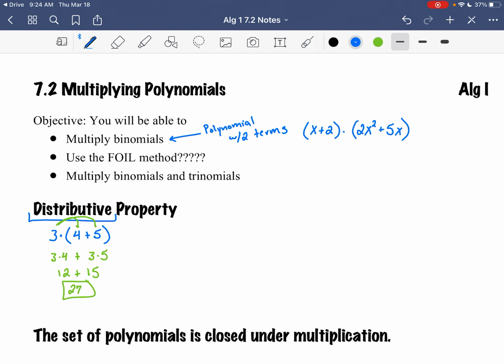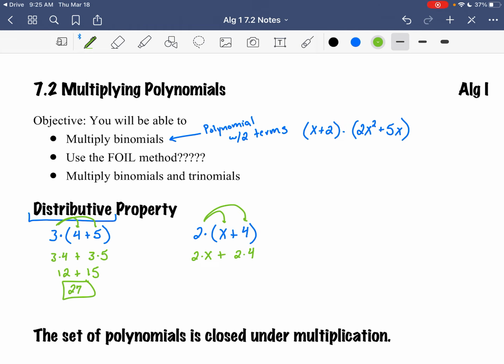Where the distributive property is super helpful is if I have 2 times a sum and one of the terms is a variable. 2 times x plus 4. Again, I would take the 2 times the x, take the 2 times the 4, and then add.